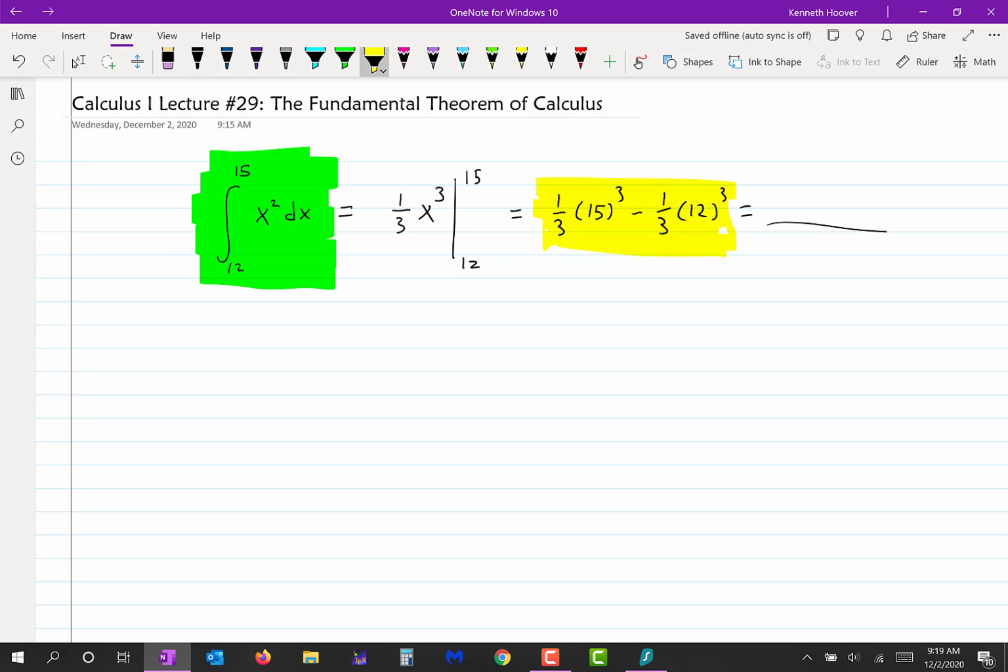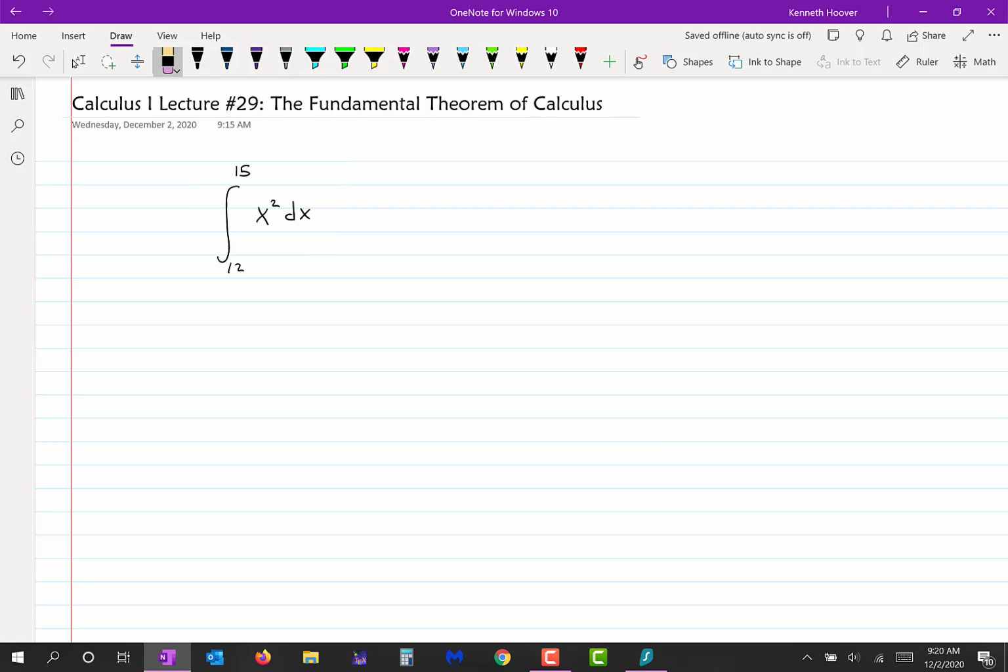Okay, that's what we're going to do today. And then after that, we'll just spend the last of the lectures just practicing calculating integrals. Okay? All right, so what we're going to do is we are going to cover something called the fundamental theorem of calculus. Okay? So let me write this down.